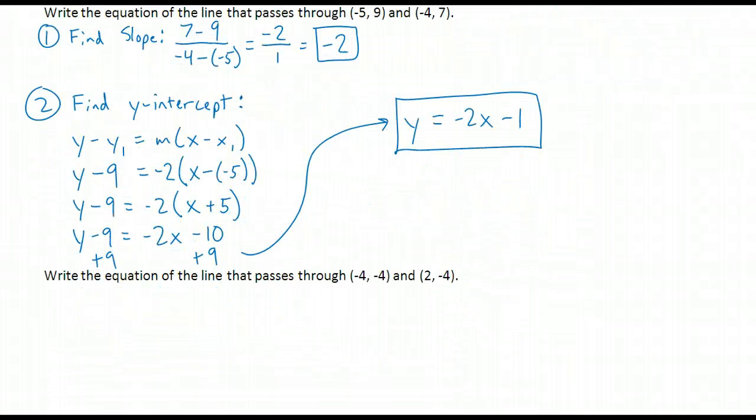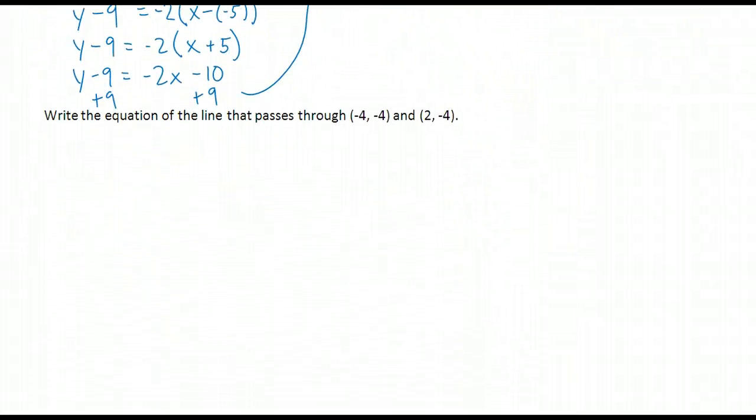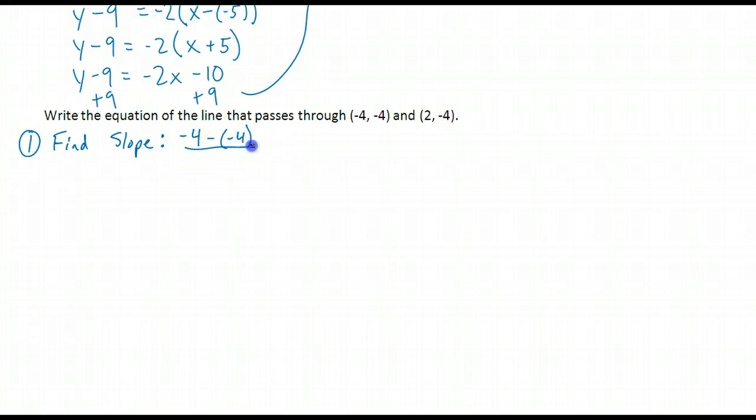Let's look at problem number 2. Step 1, find the slope. In this problem, again, I'm given 2 points. Since I'm given 2 points, I'm going to use the slope formula: y2 minus y1 over x2 minus x1.